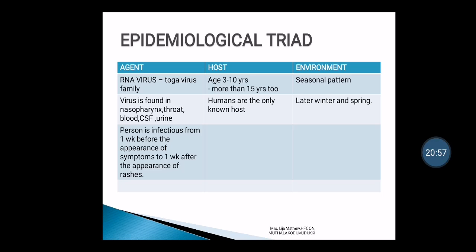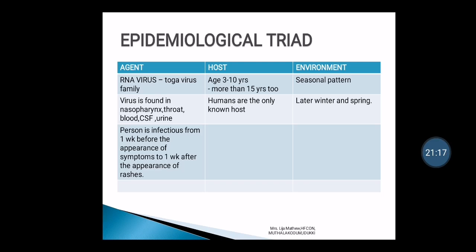So here in the epidemiological triad, let us see about the agent, host and environmental factors of rubella. So in the agent factor, we can see it is caused by an RNA virus, and it belongs to the Togavirus family.